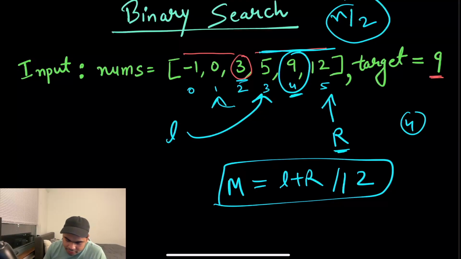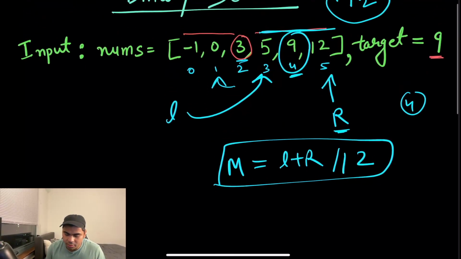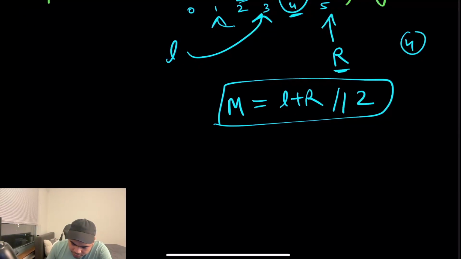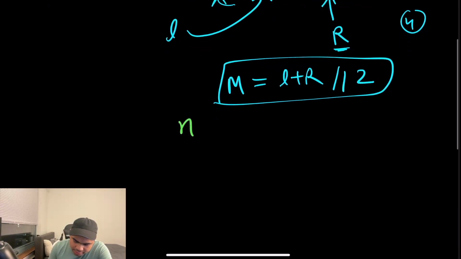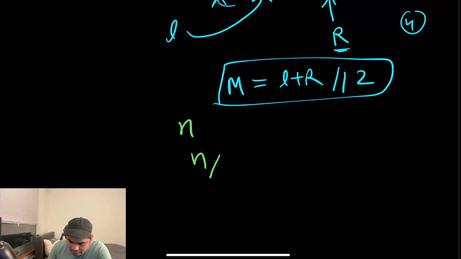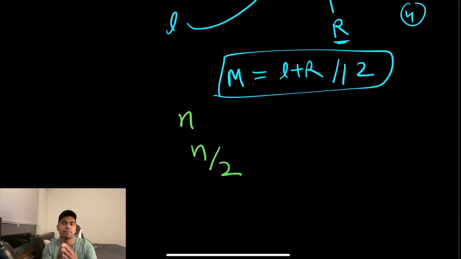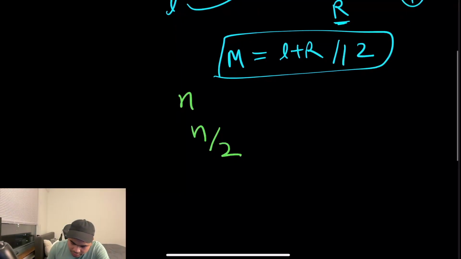Each time we find the middle and then decide which side we need to look for our value in. So we are bringing down the input size by half. First we have our input of size n, and from there it becomes n by 2, right? Because we just decide if we need to look at the left side of the mid or the right side of the mid, and then it keeps happening.